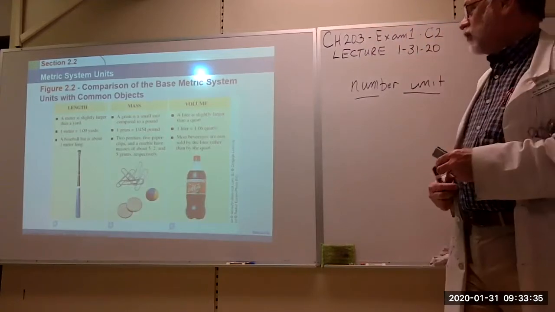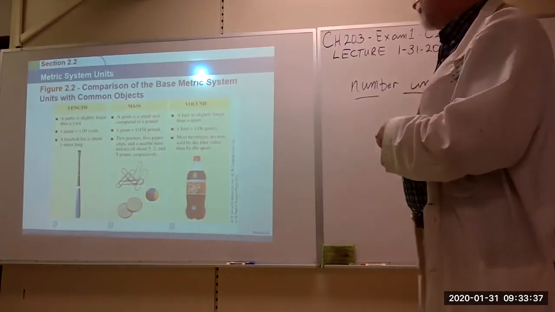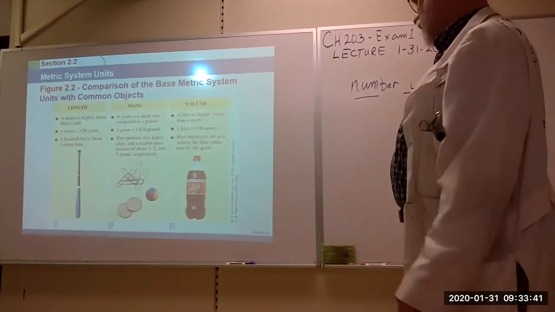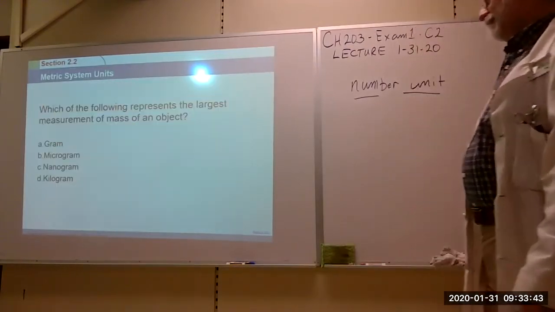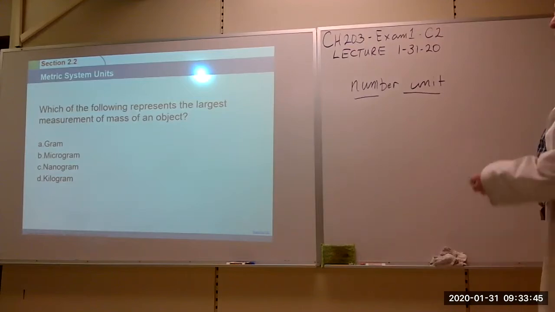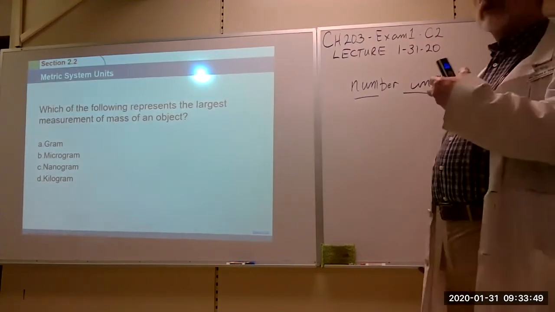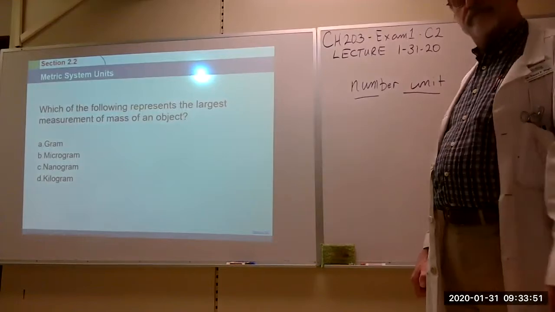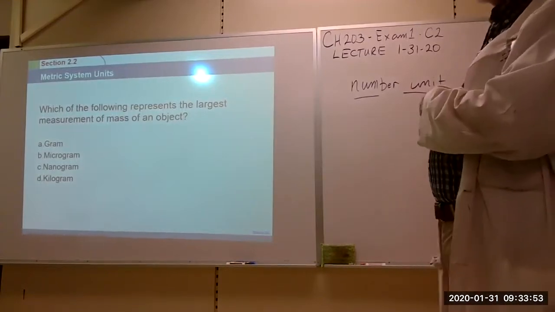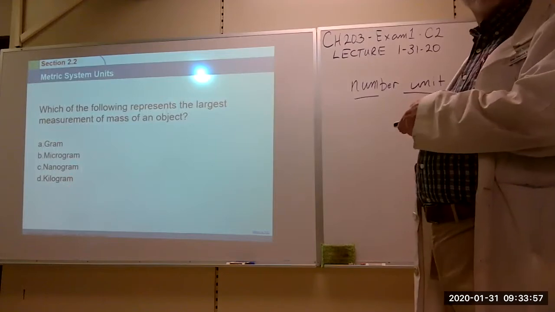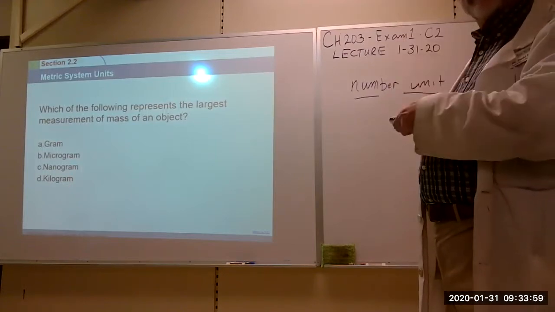And we have an idea of what a liter is. I'm not going to labor that point. So which of the following represents the largest measurement of mass? The largest unit of measure for mass? Okay, they all have the same base unit, right? Gram, gram, gram, gram. So you need to look at the prefix, right?